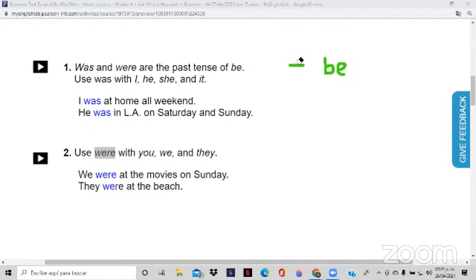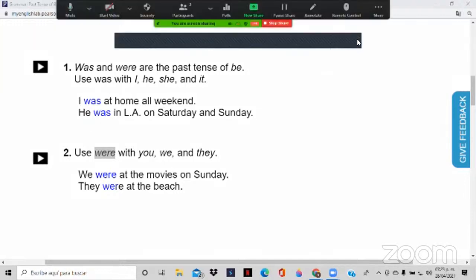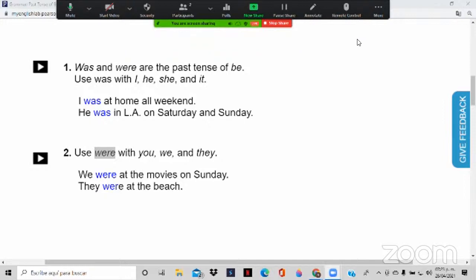Let me clear all. And I will share, this is just for time manners. I am going to share a table of conjugations of the verb to be, but the main goal is to not learn the conjugations for the verb to be, but to know and familiarize how to conjugate using the table of conjugations, okay?